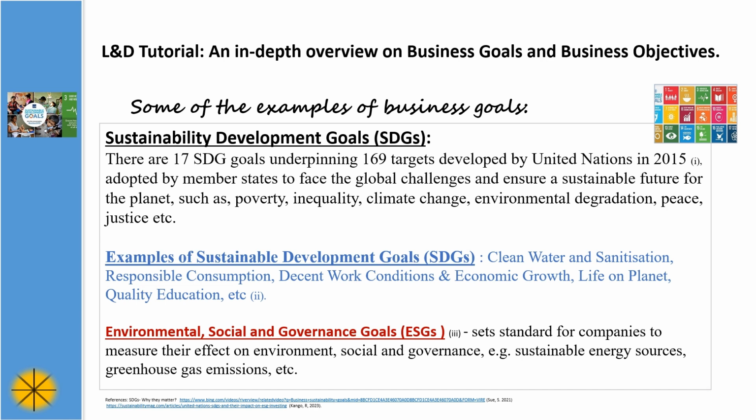Looking at these goals in further depth, the environmental standards of environmental, social, and governance goals consider how a company's operations affect the natural world and the greater ecosystem around them.